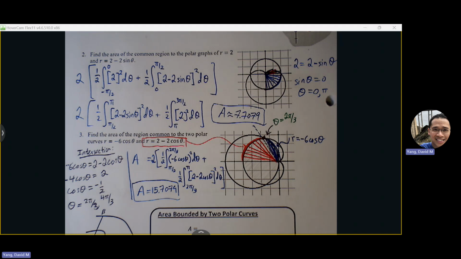I think it's off with my theta. Let me come back to that. I'm getting lost here with where that intersection is. Okay, so let me. Okay.